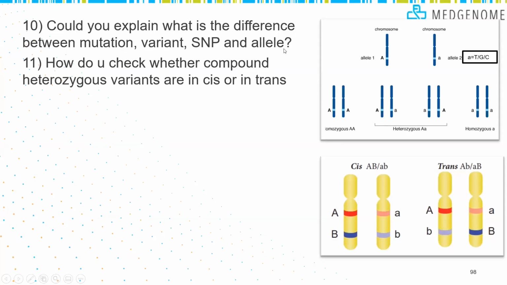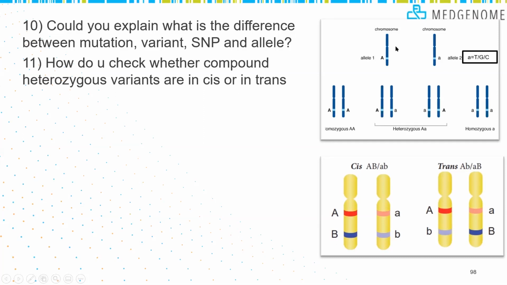And what is an allele? So in a chromosome, we have a gene at a locus, and there is a particular allele, or a reference allele, and any variation from that on the other part of the chromosome, the second chromosome, will be taken as allele 2.